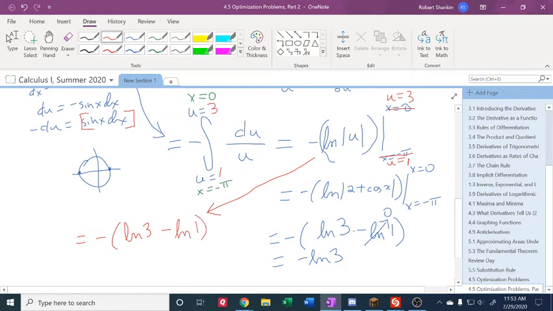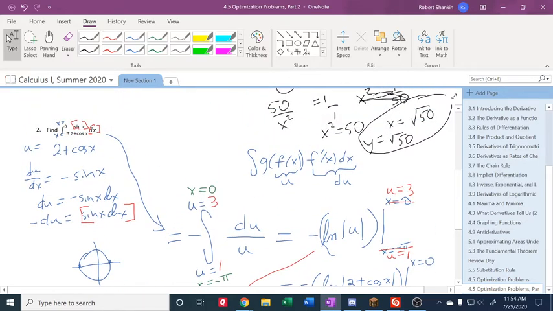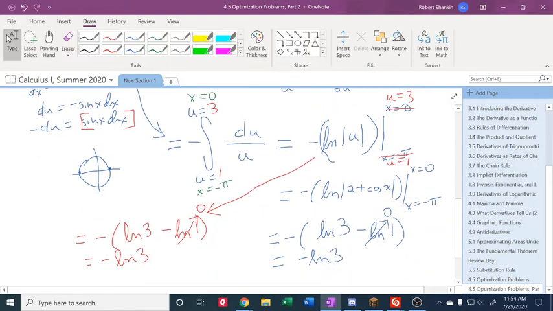And notice it's the same thing, but it just gets there quicker. And that's why I prefer changing the limits instead of going back to x's and then resubstituting with the x's.